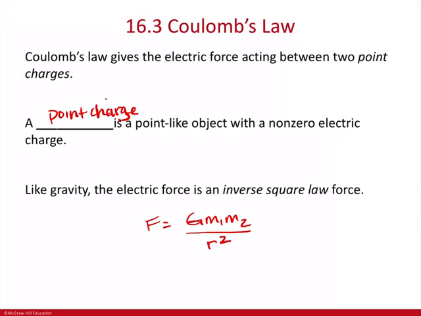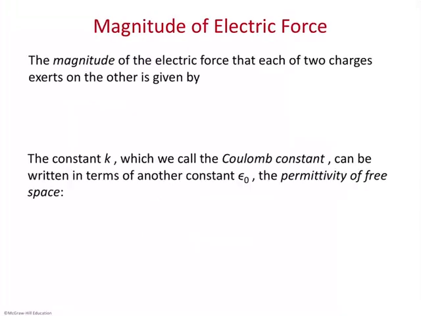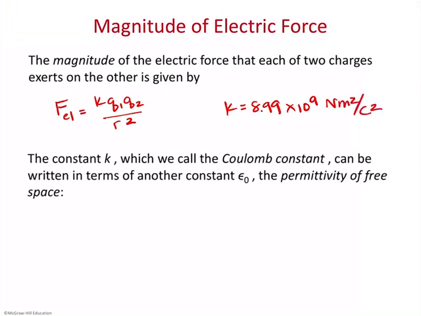For Coulomb's law, the electrostatic force is equal to k, which is Coulomb's constant, times Q1 Q2 over r squared. And k is equal to 8.99 times 10 to the 9th newton meter squared per coulomb squared.